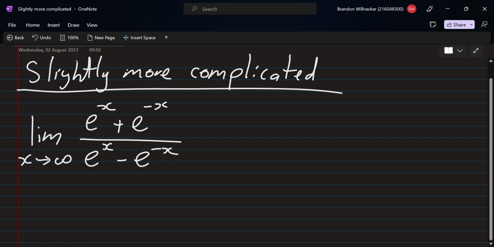So what happens if we take the limit as x goes to infinity? We need to check for indeterminate forms. If we have that, then we might be able to apply L'Hopital's rule.